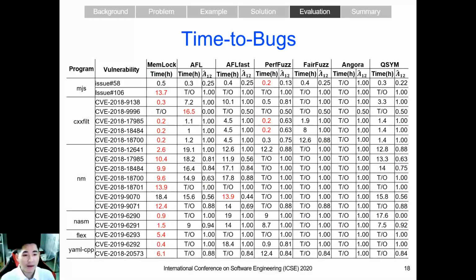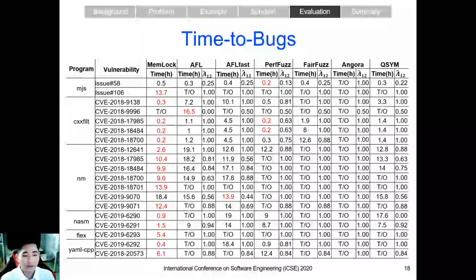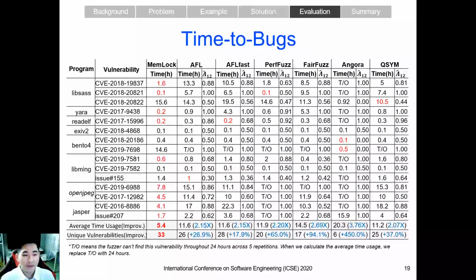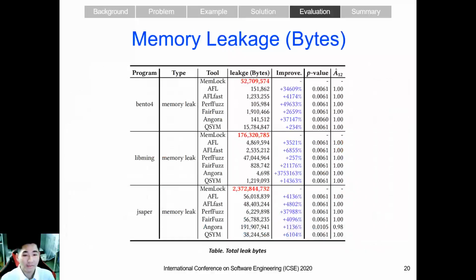We also compare the capability of MemLock to find real-world vulnerabilities against baseline fuzzers. Here is the first half of the table, and here is the second half. We can see that in most cases, MemLock spends less time discovering the vulnerability than other baseline fuzzers. MemLock tends to find memory leaks with a large amount of memory leakage.